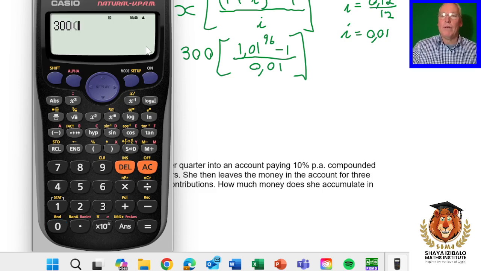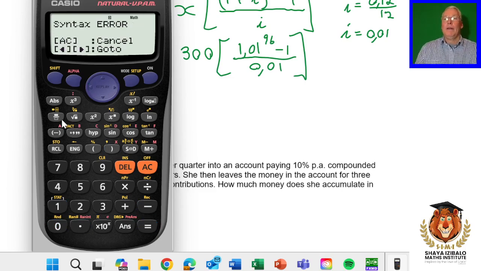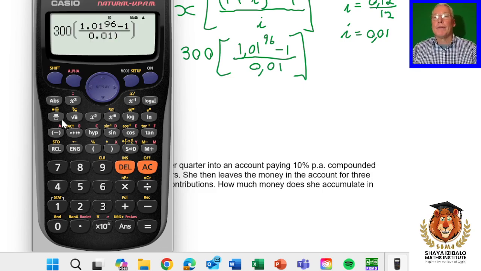Open brackets, fraction button. 1,01 to the power of 96 minus 1 over 0,01. Okay, it wanted us to close out that bracket. Sorry.